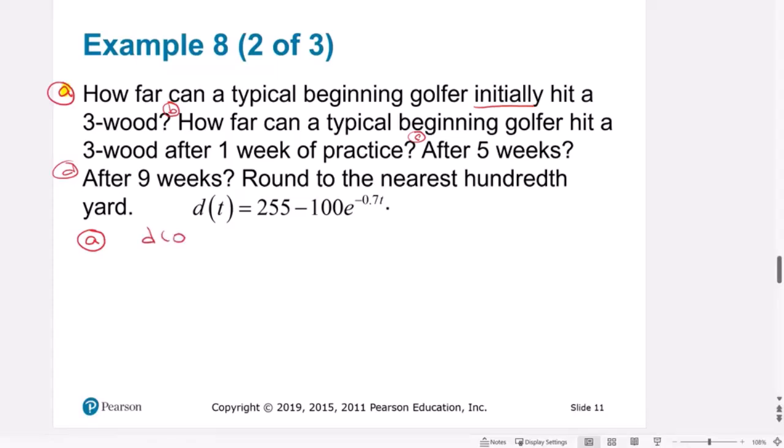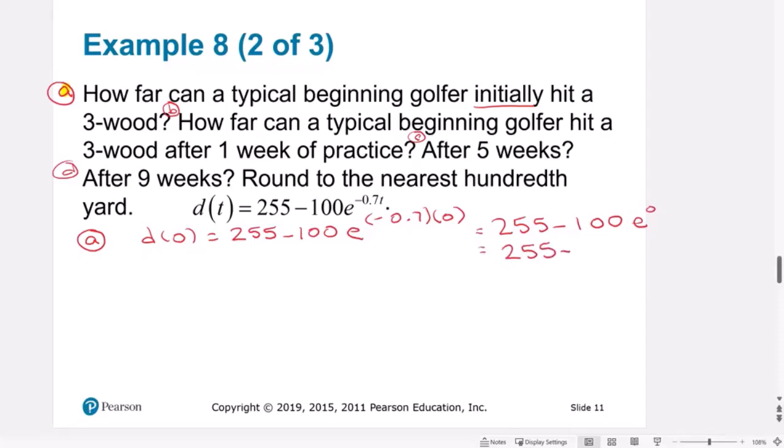D of 0 is equal to 255 minus 100 e to the power of negative 0.7 times 0, which is equal to 255 minus 100 e to the 0. What is e to the 0?